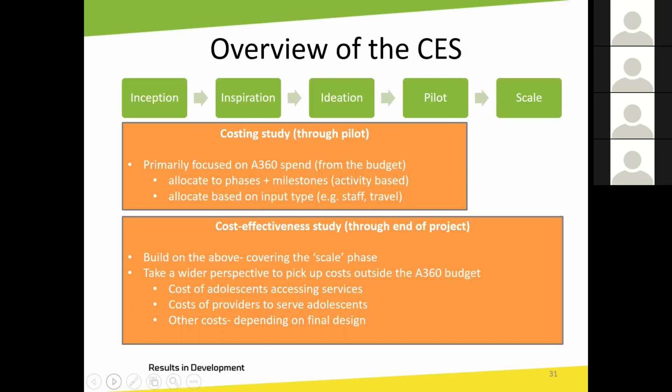So this could be things like the costs for adolescents to access services, especially if it's models where they're paying for those services, potentially the costs of providers to serve the adolescents, depending on the models and where services are being delivered under A360, and then other costs that'll be a bit dependent on the final design.